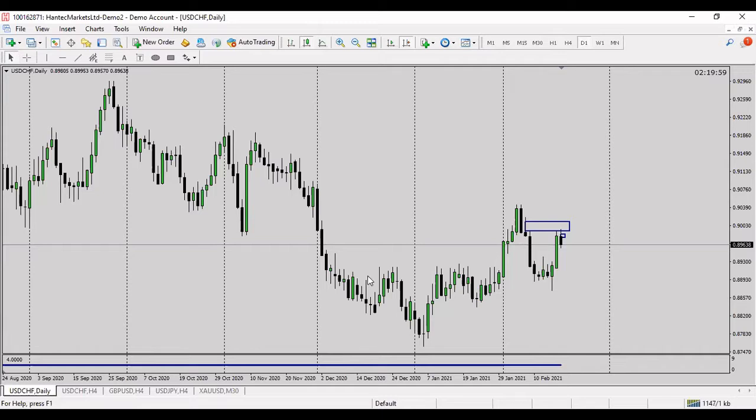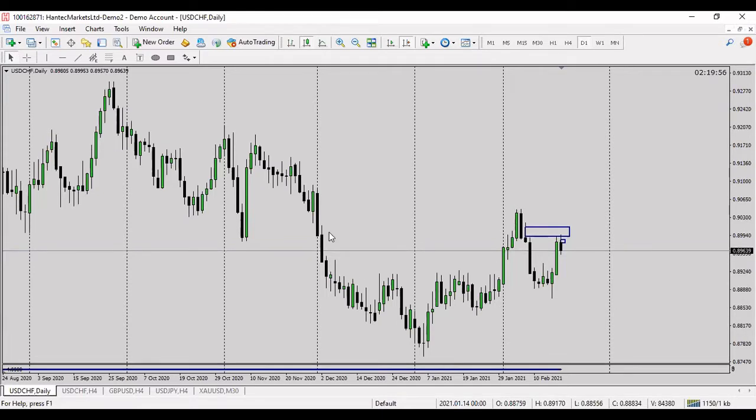This is USD CHF, the US dollar against the Swiss franc. So if you look at the vertical scale, you will see prices. Then if you look at the horizontal scale, you will see dates or time.